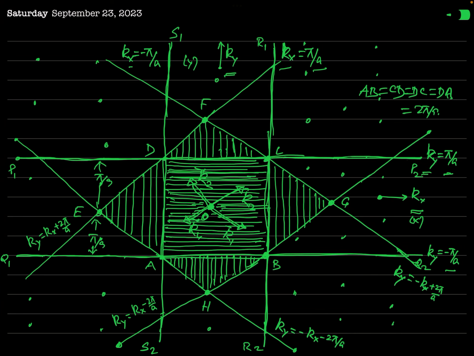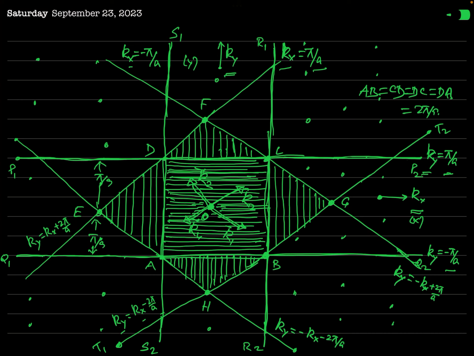You can see all these 4 straight lines in this figure. I have shown it here. See this straight line, which I am marking here, let us say T1, T2. This is the straight line defined by the equation kappa y equal to kappa x minus 2 pi by a.